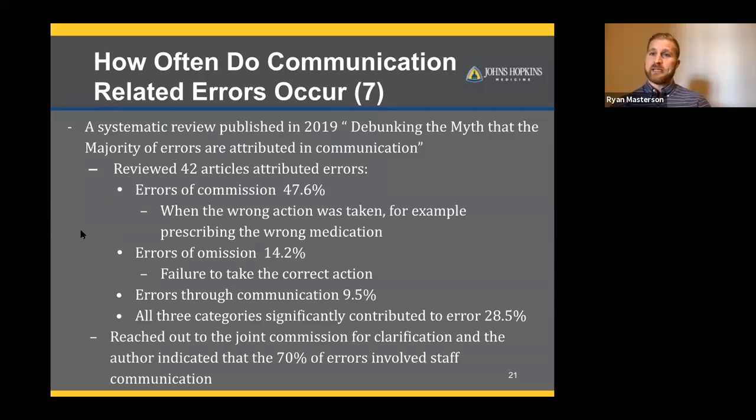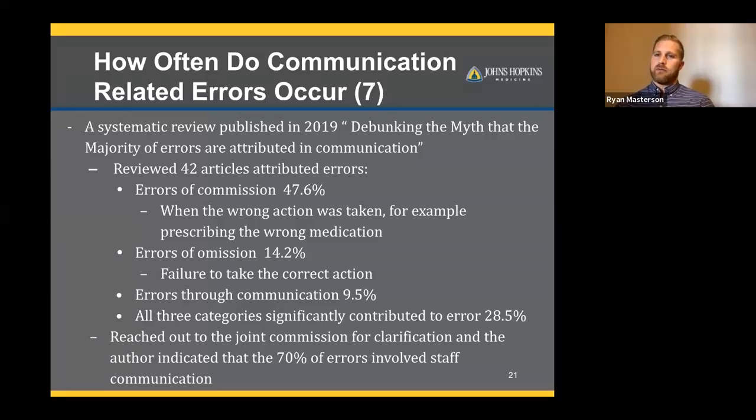There was actually a recent publication in 2019 titled "Debunking the Myth That the Majority of Errors Are Attributed to Communication." This reviewed 42 articles on different attributions of errors, and it broke them down into 3 main types. The most common was errors of commission at 47.6%, when the wrong action was taken, for example prescribing the wrong medication.